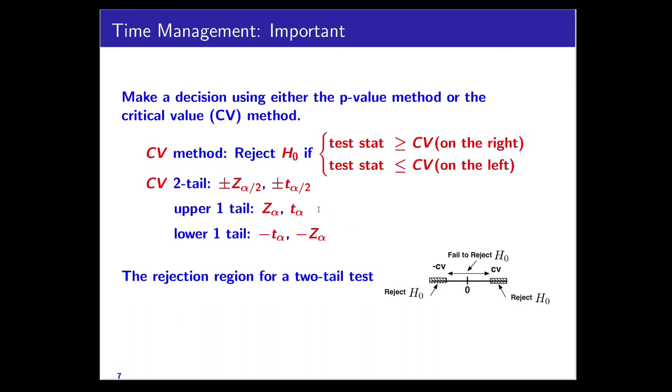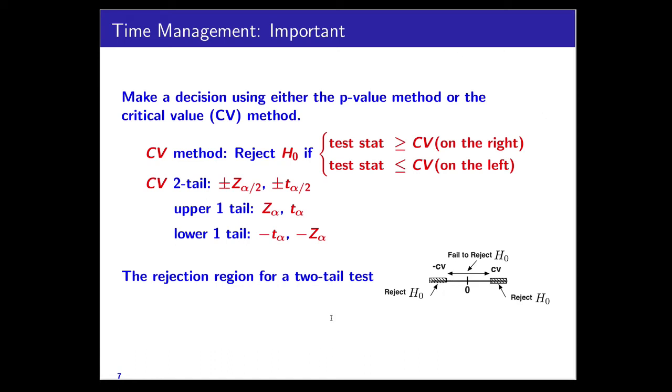Z of 0.05 is 1.645, Z of 0.025 is 1.96, and Z of 0.005 will be 2.58. For the critical value of the t-test, the degrees of freedom will be n-1 if it's an integer, or round it down if it's not an integer.